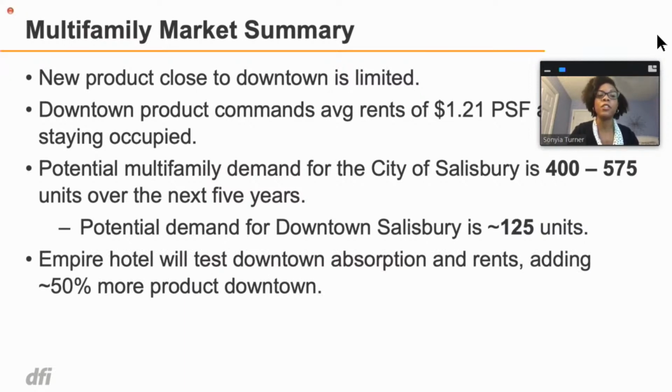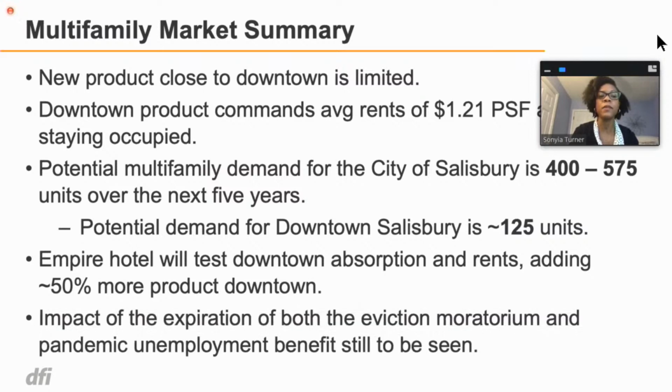The Empire Hotel will test downtown absorption and rents because it will be adding 50% more product in downtown at once. And the impact of the expiration of both eviction moratorium and pandemic unemployment benefit is still to be seen.